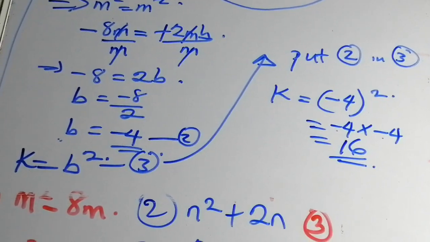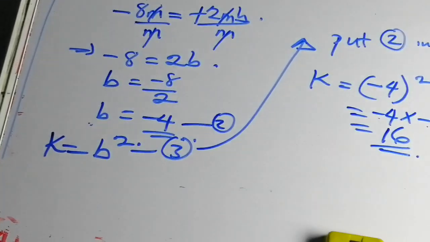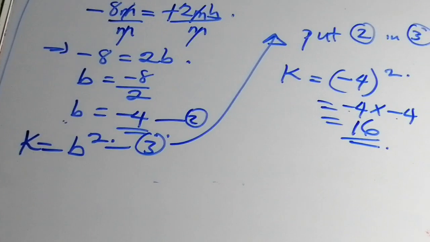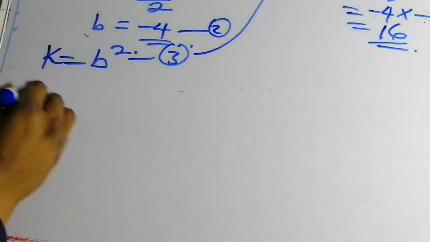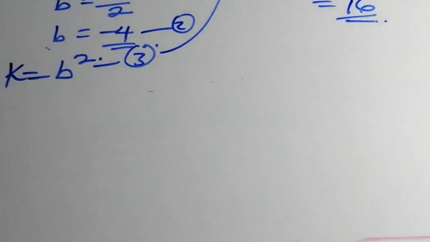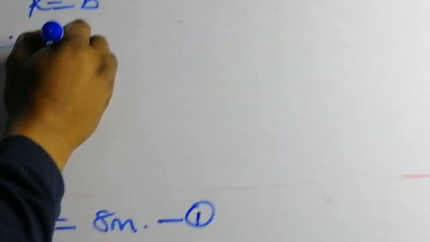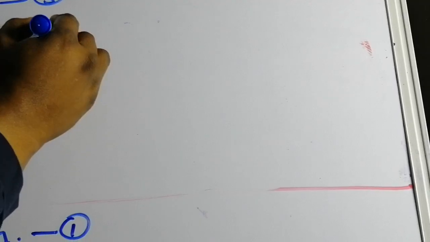In JAM standard, we don't really waste much time. Whenever they ask you questions like this, don't forget it. Let me conclude this now. You now say, therefore, m square minus 8m. What is my k? The value of k is b square, which is 16.